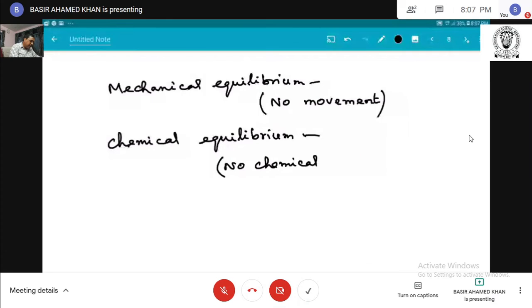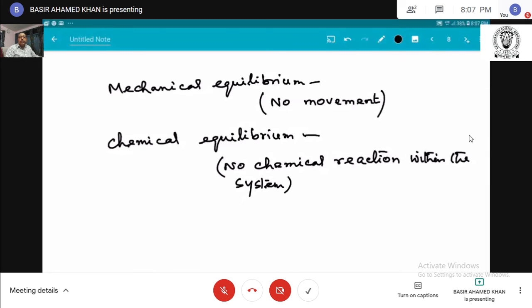Then the system is known as being in chemical equilibrium.